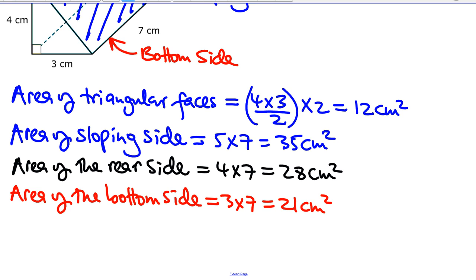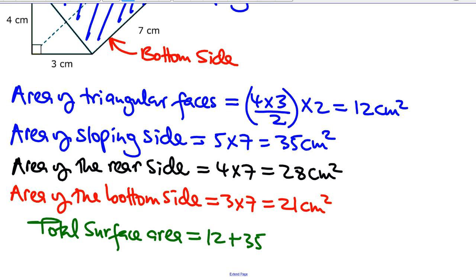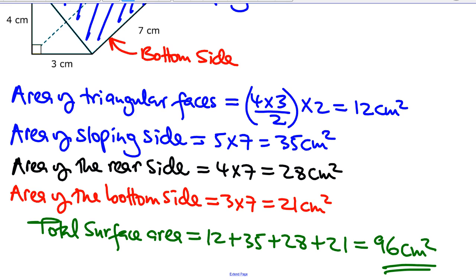So total surface area will be equal to, we add all these together, so 12 plus 35 plus 28 plus 21, and that will be equal to 96 centimeters squared.